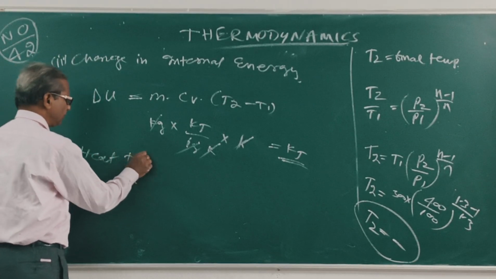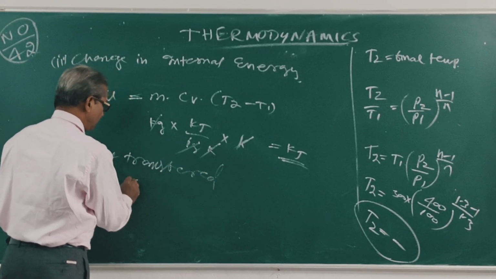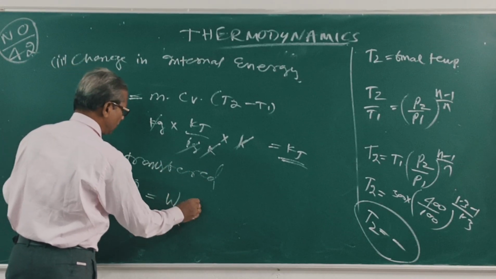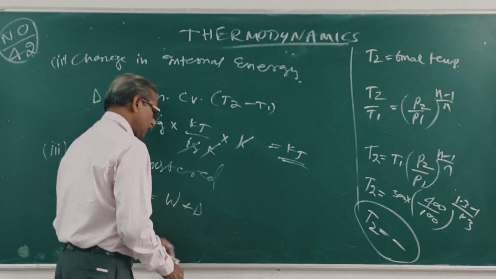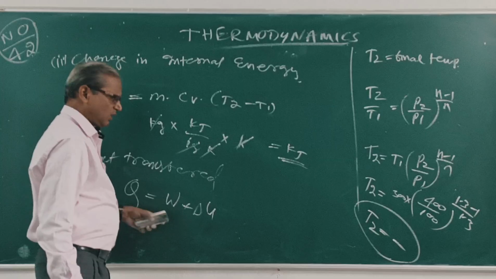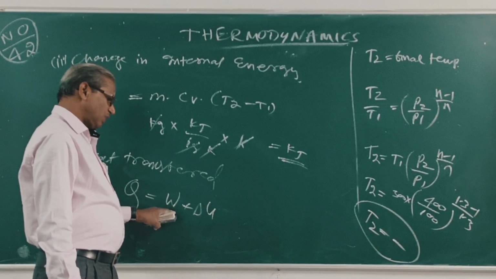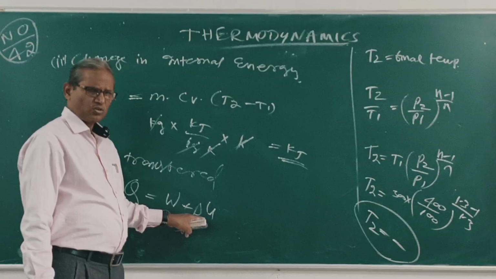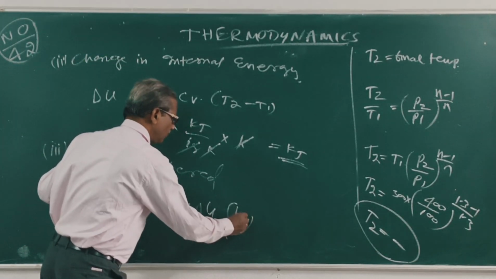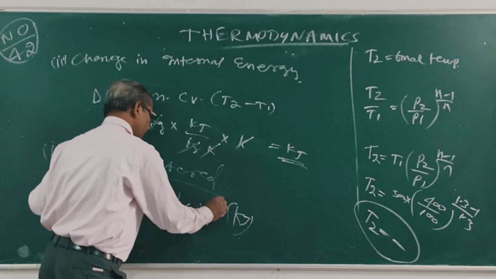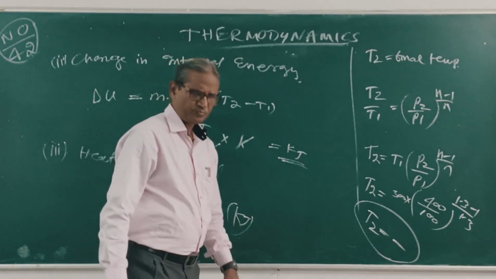Heat transfer. Q is equal to W plus delta U. Clear? Work done plus change in internal energy. W is kilojoule, delta U is kilojoule, so the answer is in kilojoule.